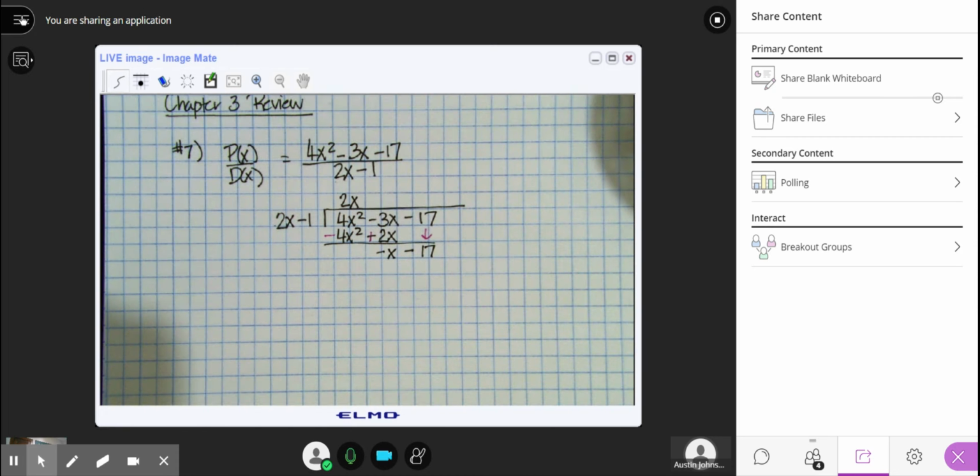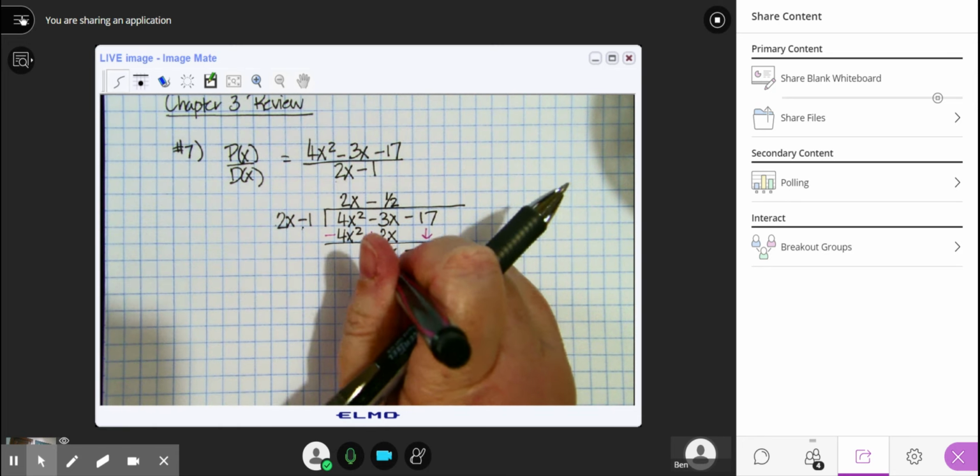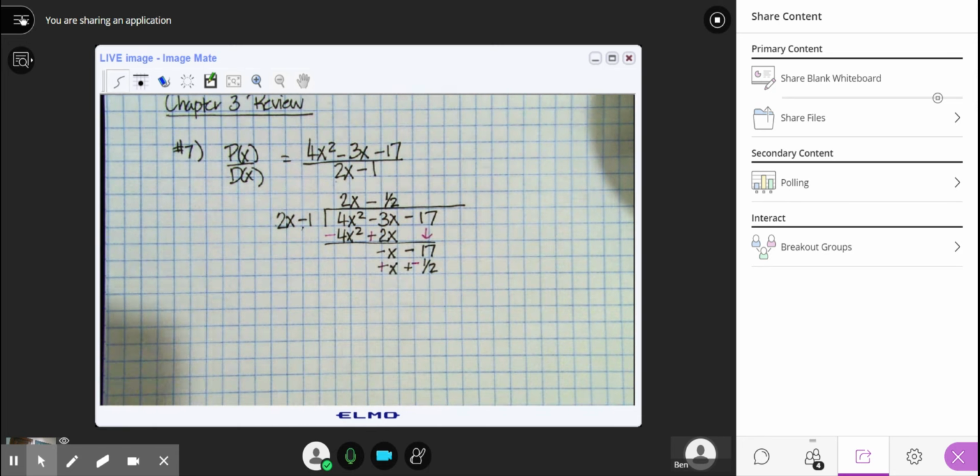Now, 2x times what would get me a negative x? Just a negative 1/2, no x on there. Multiplying back, I get a negative x. Negative 1/2 times a negative 1 is a plus 1/2. Subtract.